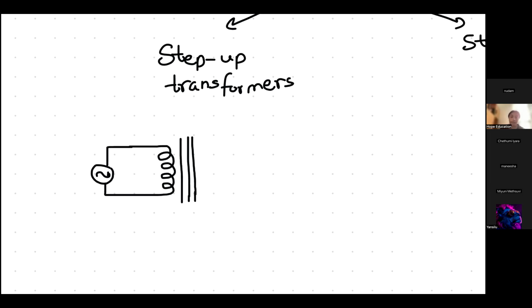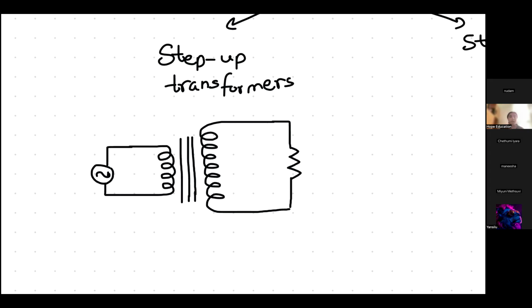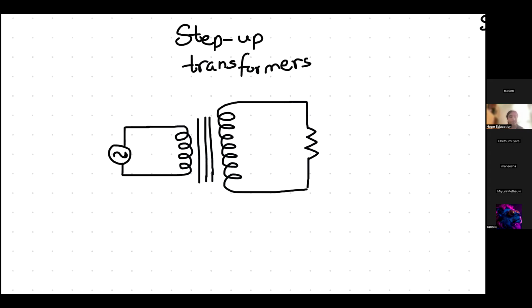Step up means the number of windings in the secondary coil is more, like this. So this is the primary coil and this is the secondary coil.